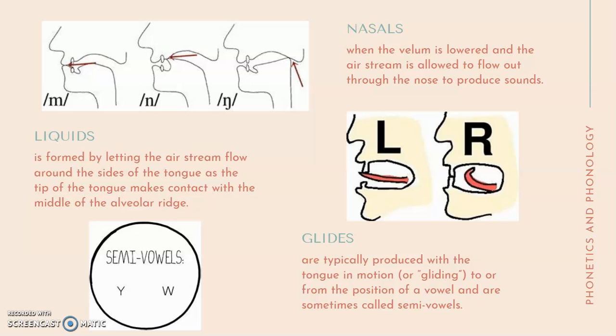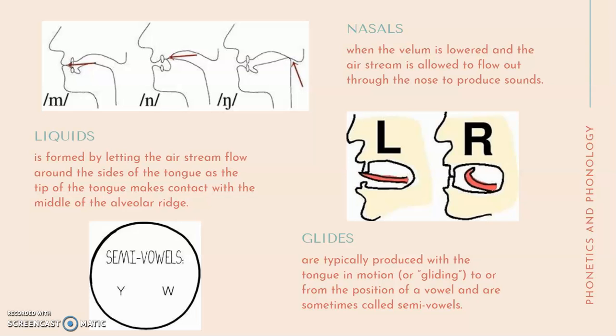When the velum is lowered and the airstream is allowed to flow out through the nose, sounds are produced, such as m and ng. Then we have liquids. They are formed by letting the airstream flow around the sides of the tongue as the tip of the tongue makes contact with the middle of the alveolar ridge. We have L and R in this part.